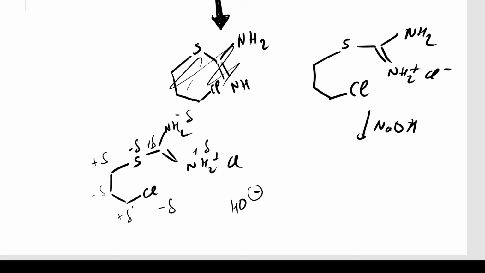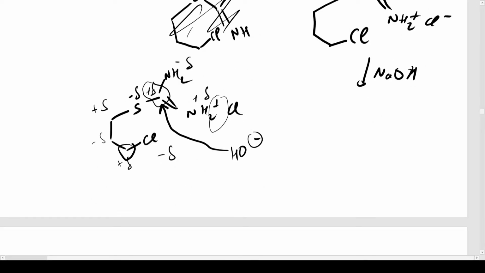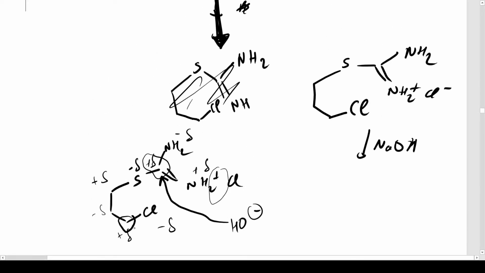It can attack this position, or do the acido-basic proton substitution. In that case, it attacks this position, because this one is more reactive than this one, because you have a delta plus.